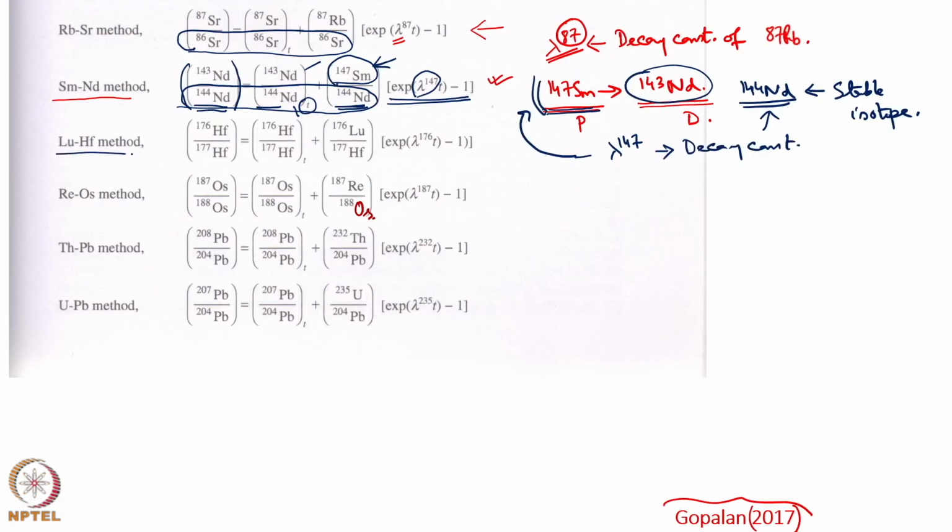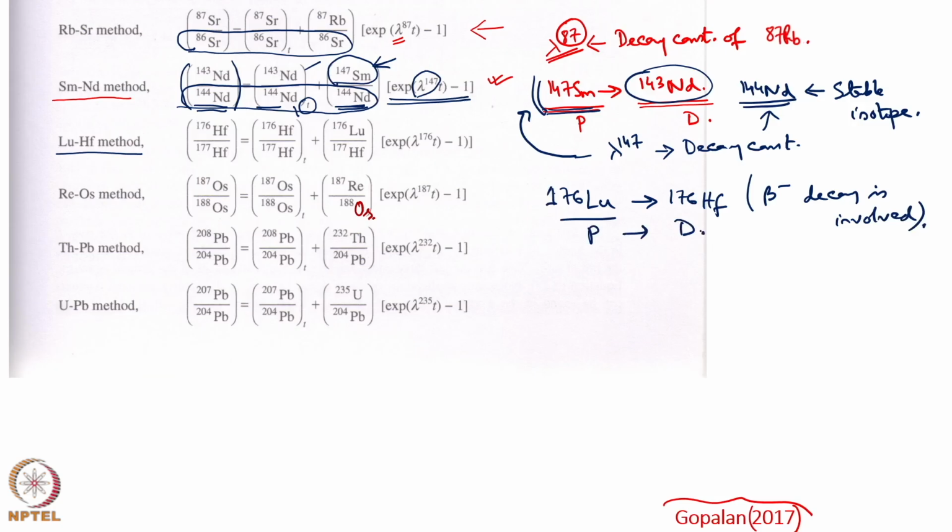Let us take the Lu-Hf method. Here 176 Lu disintegrates to 176 Hf, and here beta decay is involved. So, here this is the parent and that is the daughter. Now, we take the daughter 176 Hf divided by 177 Hf.